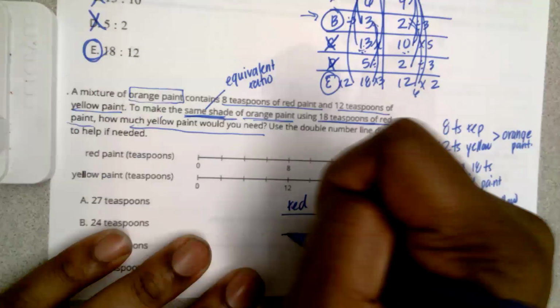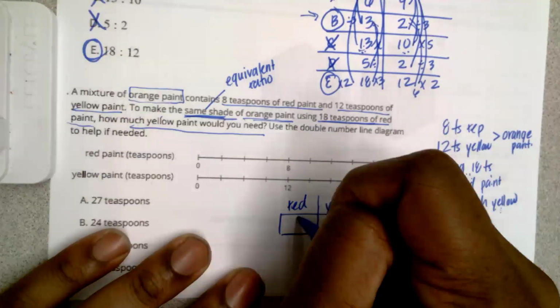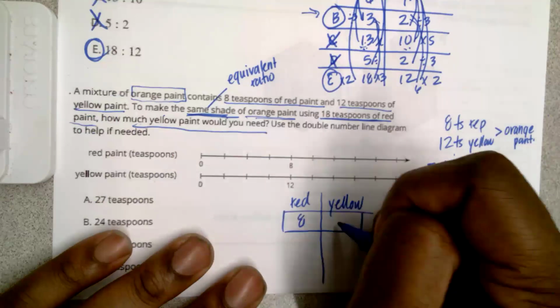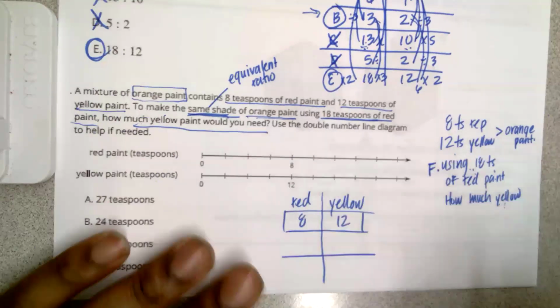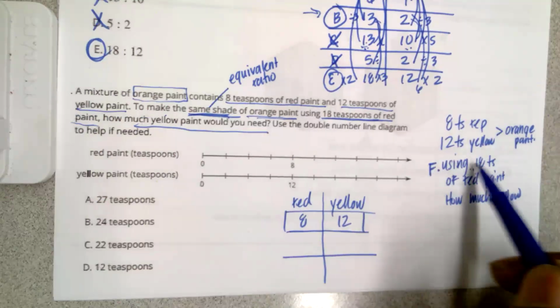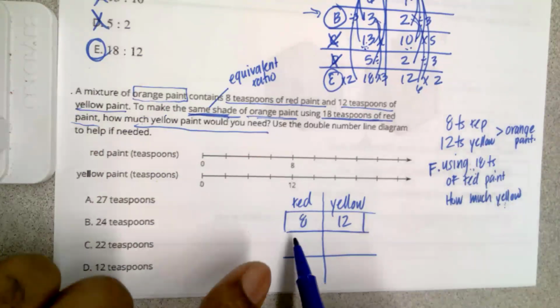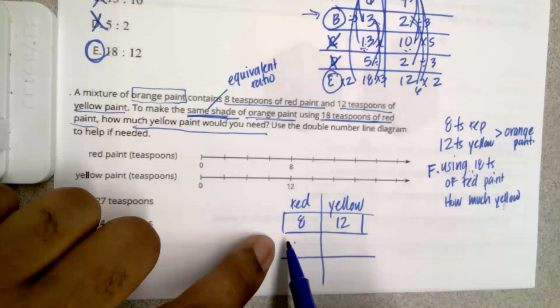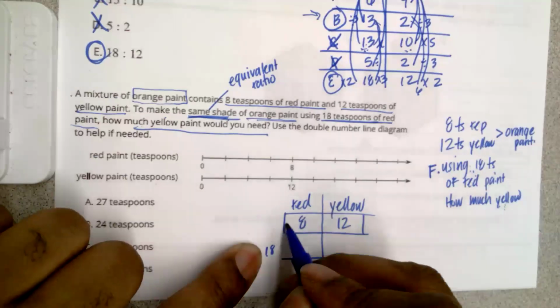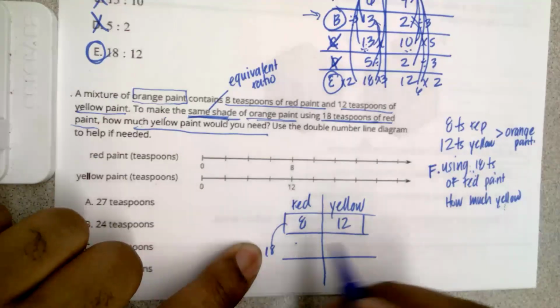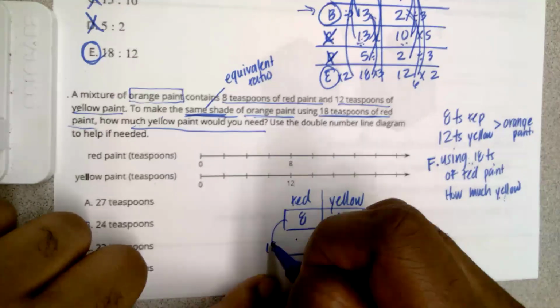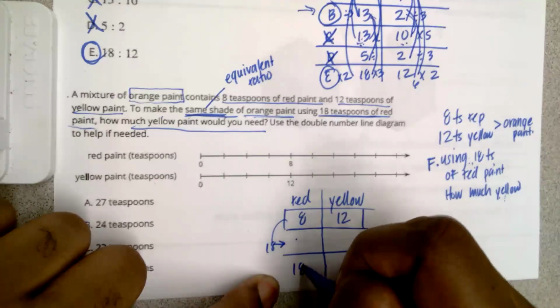So what information is given to me? I know that there are 8 teaspoons of red, 12 teaspoons of yellow. And I need to figure out using 18 teaspoons of red. Usually, I would put 18 here, but I like to put it on the outside. Is there a multiplicative relationship between 8 and 18? No. So you want to skip the middle and put 18 here.